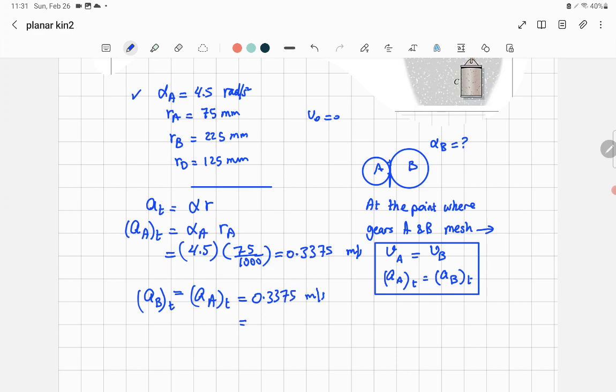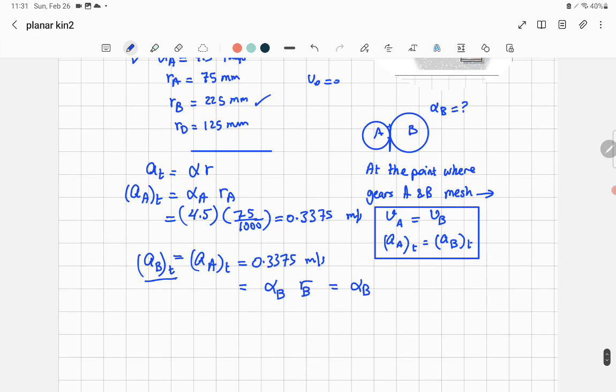And I know that the acceleration is equal to alpha times r. Now I'm looking for gear B, alpha B, and the RB is given here as 225 millimeter. So the angular acceleration of gear B will be equal to 0.3375 divided by 225. Don't forget to divide by 1,000 to get meters, and the value of alpha B will be approximately 1.5 radian per second squared.